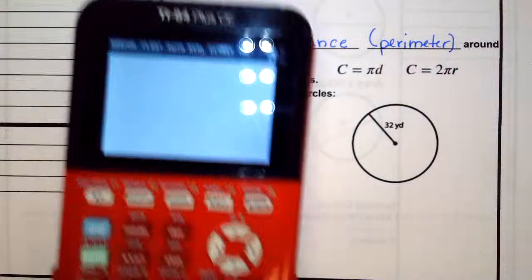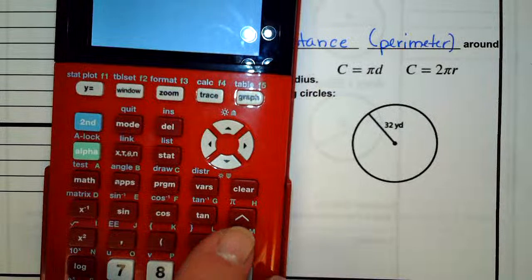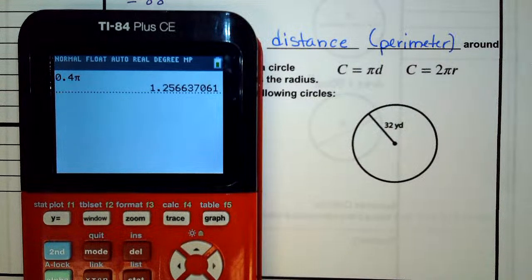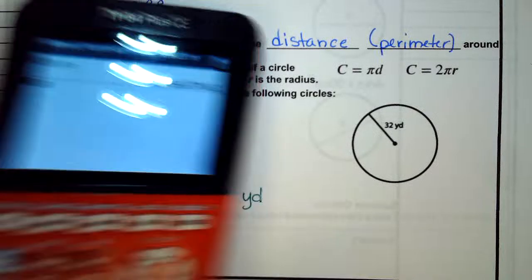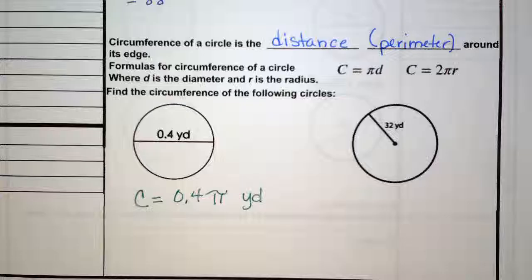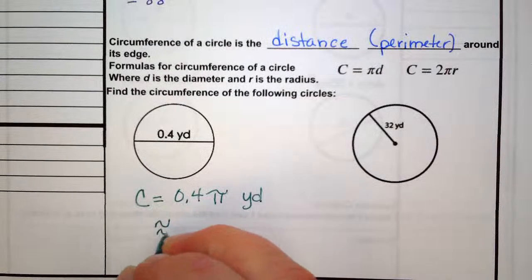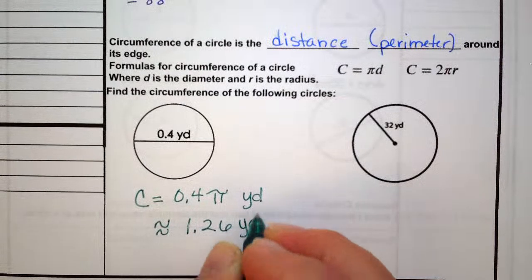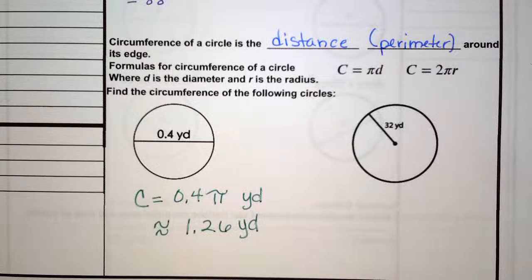Well, we've got a pi symbol that is right above this caret. So we've put in 0.4, hit our second button to get the pi, then we hit enter. And it is approximately 1.256, which would be approximately 1.26. Once again, that would be yards.